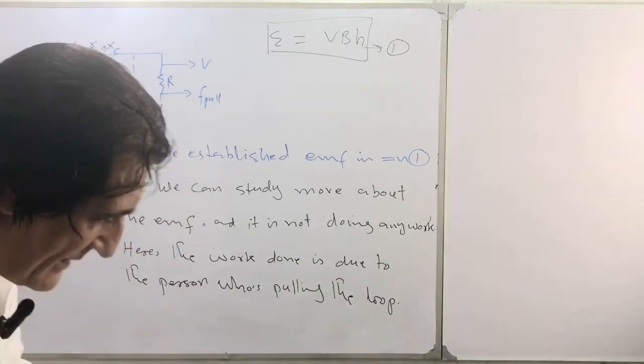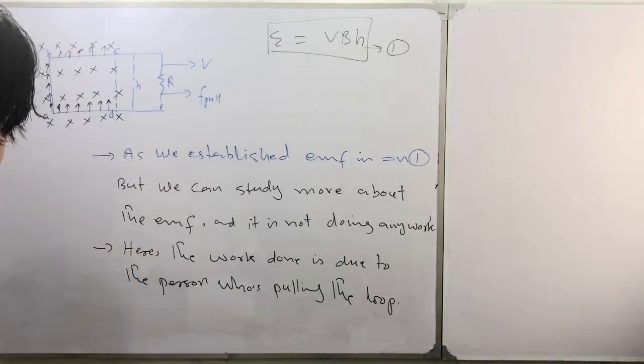The free electron in segment AB has a vertical velocity here.